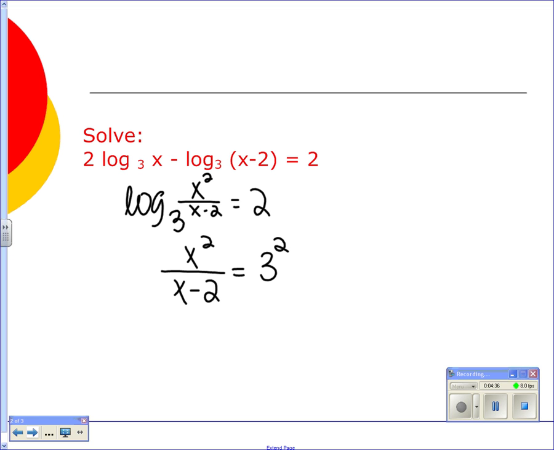Do you agree? You have to move the 2 before you combine these. Does that make sense? Because it's only an exponent on this log, not on both of them.